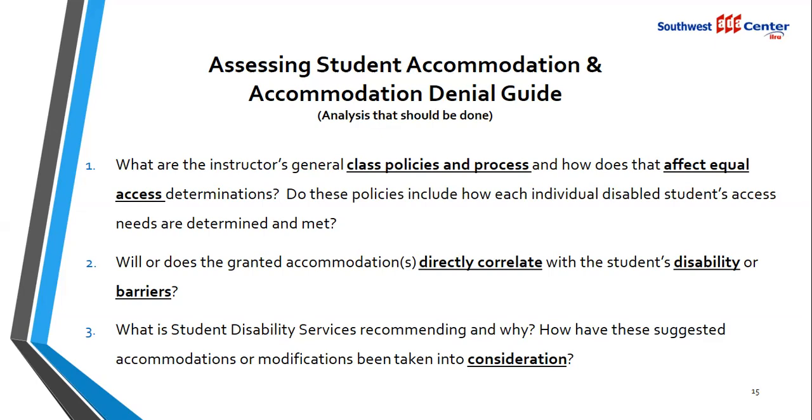So we're going to make sure that we are aware of that and that we have class policies and processes that clear the path, clear the road to where we make sure that the student with a disability has barriers, learning barriers removed, so they can have equal opportunity in the higher education setting.